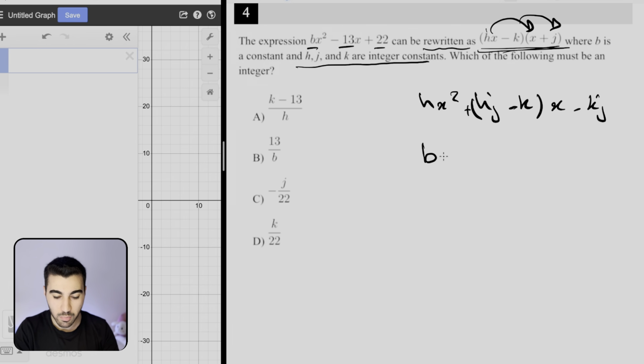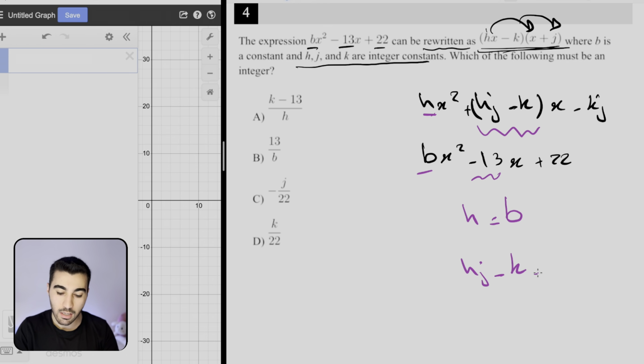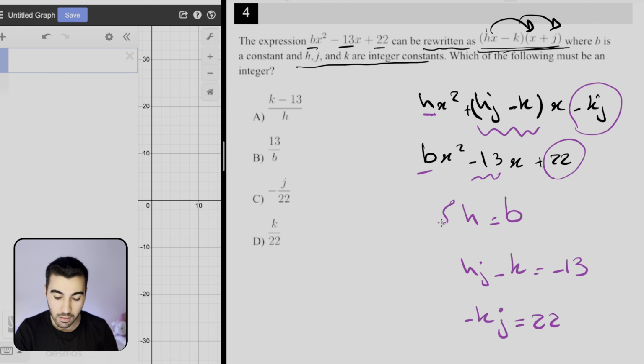This is the same as bx squared minus 13x plus 22, right? So now if you match them up, we're going to see that h is equal to b, then hj minus k is equal to negative 13. Okay, hj minus k equals negative 13, and negative kj is equal to 22. So we have 3 equations.